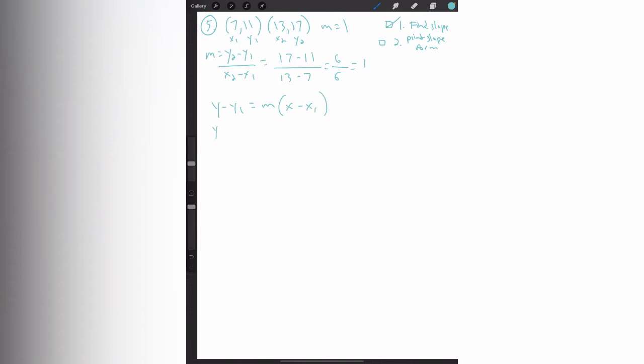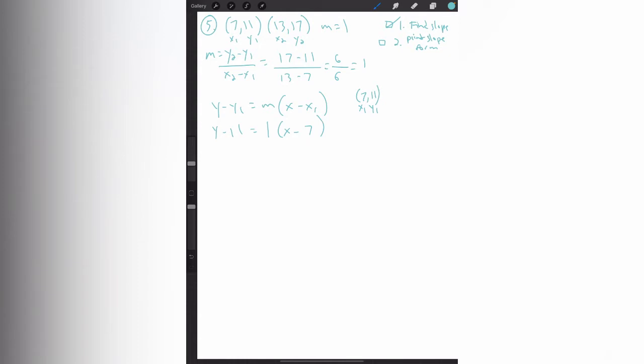I can choose either point. I'm going to choose 7, 11, right? So 7, 11, that'll be my x1, that'll be my y1. Okay, could choose either. I chose that one. So 11 here, minus my slope is 1, times the quantity of x minus, what's my x1? 7.